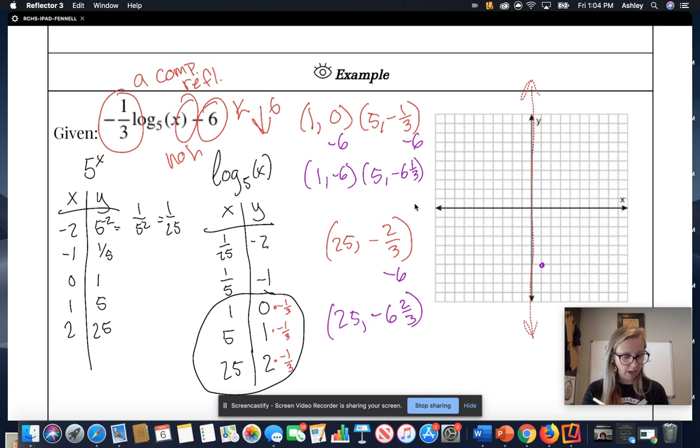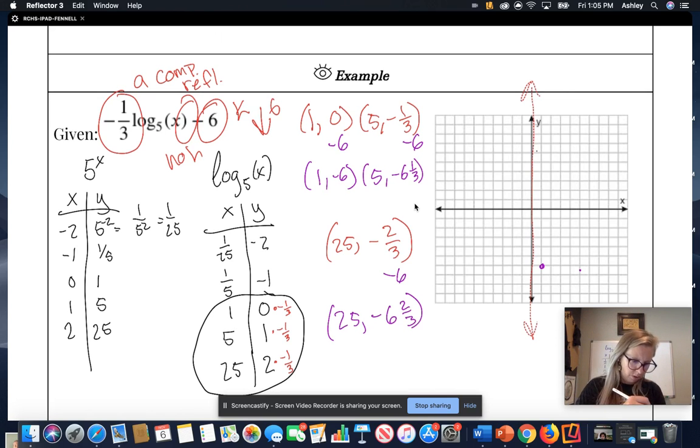And then now I'm going to go over 5, down 6 1/3. Even slightly further right. And again, we're going to approach this asymptote, and we're clearly curving down like that. So when you go, that's a bad approaching of the asymptote here. You're going to have something that looks like that.